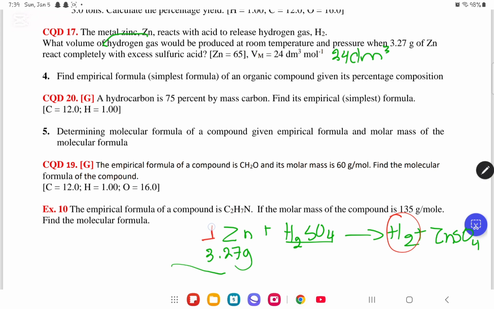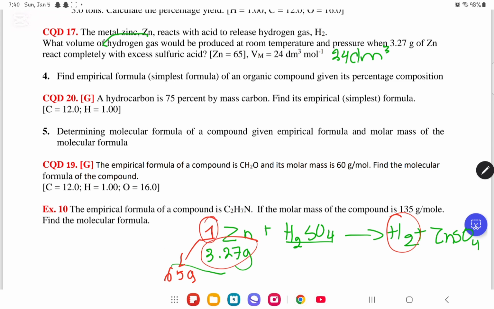So 1 mole of zinc will usually give us 65 grams because this is the molar mass. But they told us instead 3.27 grams are used. So to find the number of moles of zinc, it's gonna be 3.27 divided by 65 grams, which is this big number, or 327 divided by 6,500.